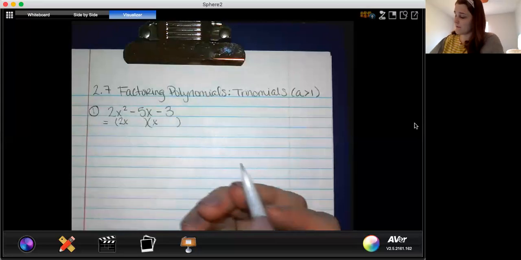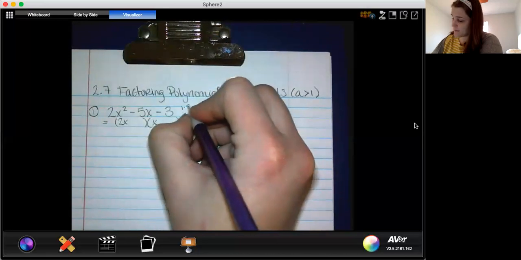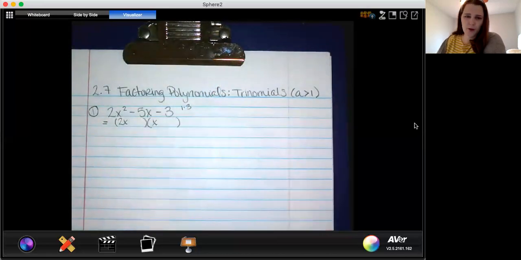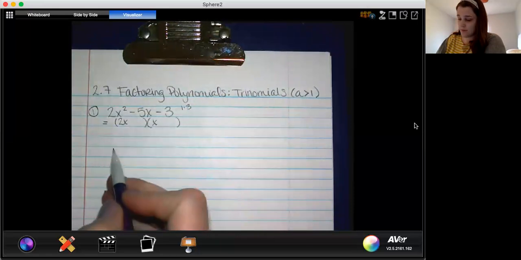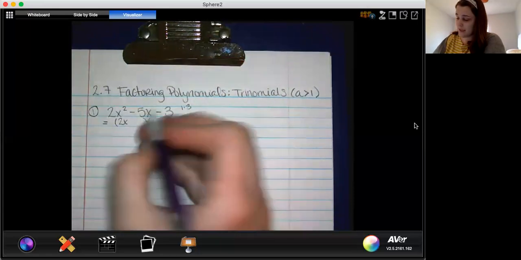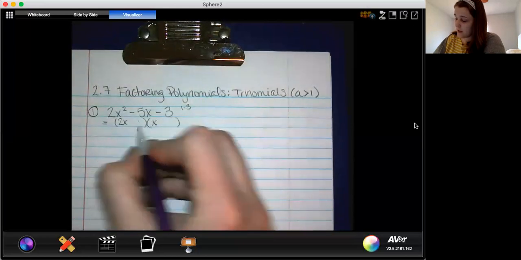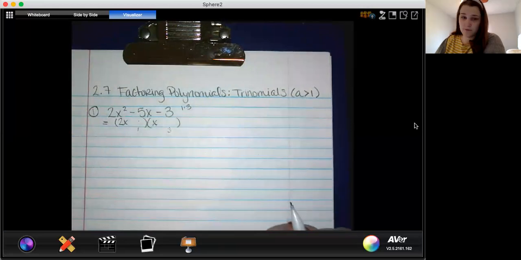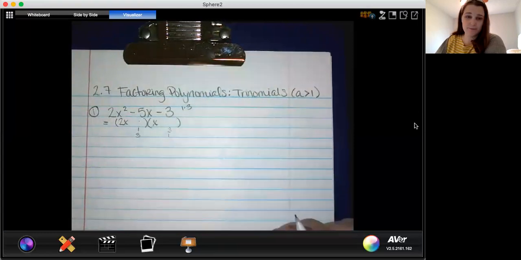And so what are my factors of 3? 1 and 3. So the problem is we need to think about how I can place these numbers. Technically, if I place the 1 here and the 3 here, is that going to yield a different answer than if I put the 3 here and the 1 there?